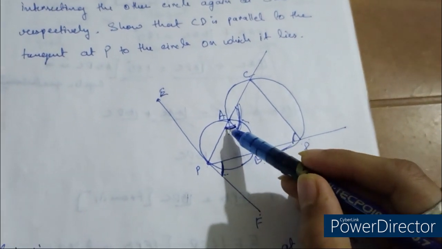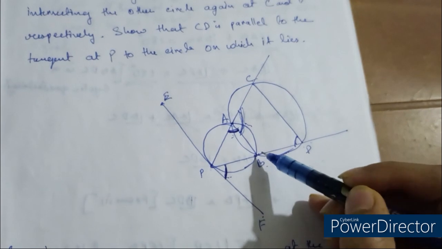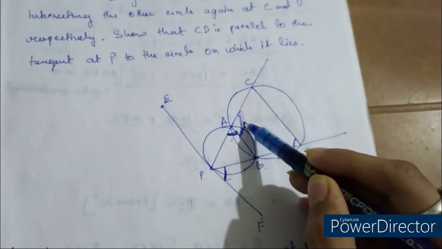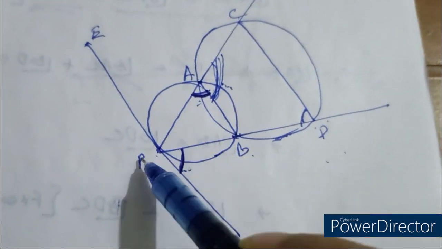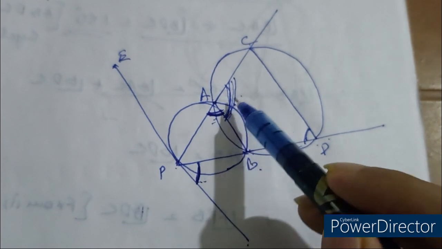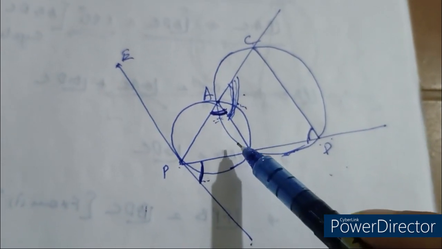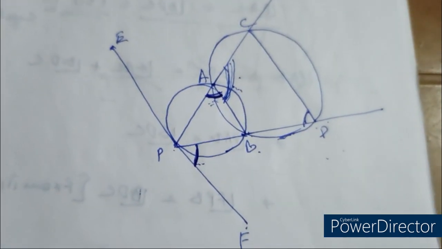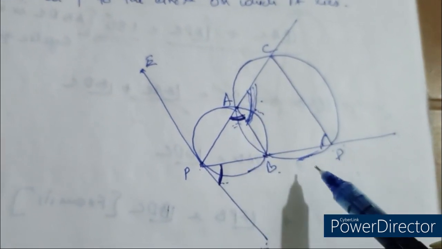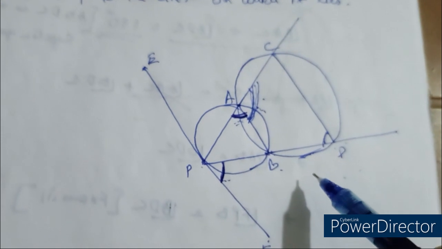Next, you see this angle PAB plus BAC. These two angles, if I add them, I will get 180 degrees, because these two angles form a linear pair. So this angle plus this angle will be 180 degrees.